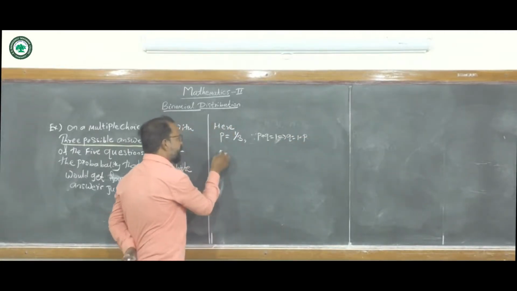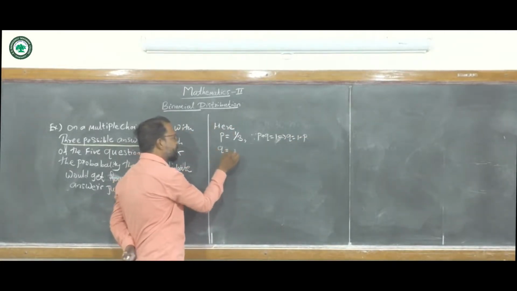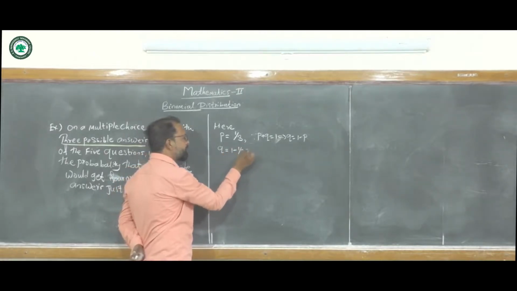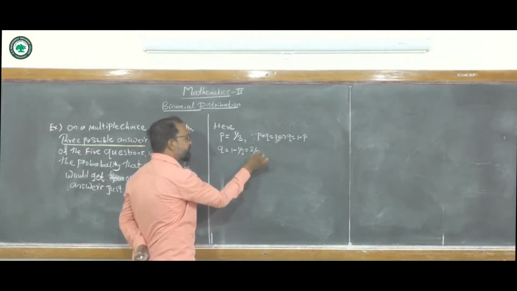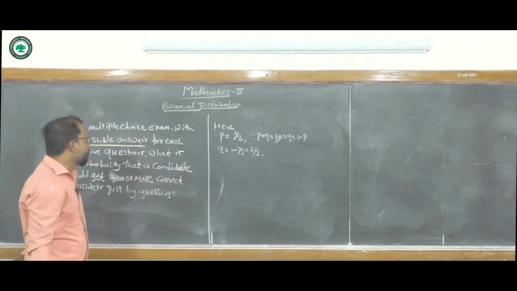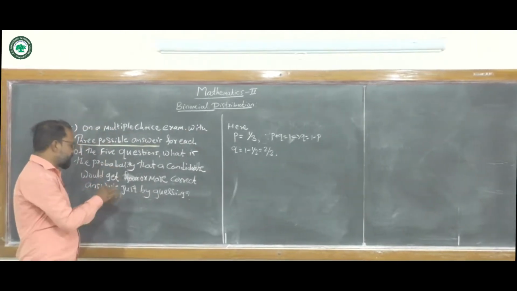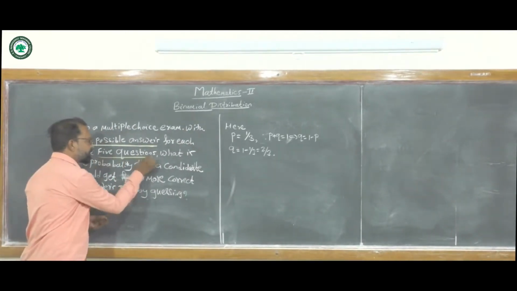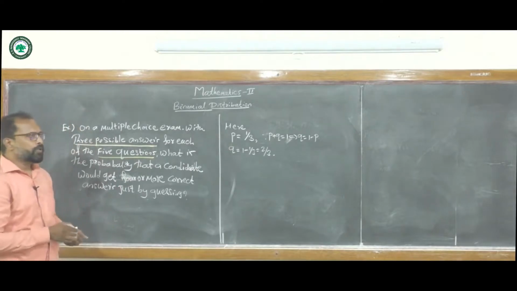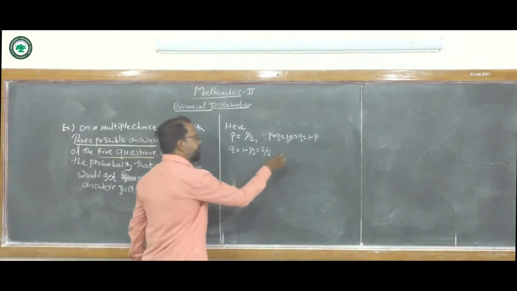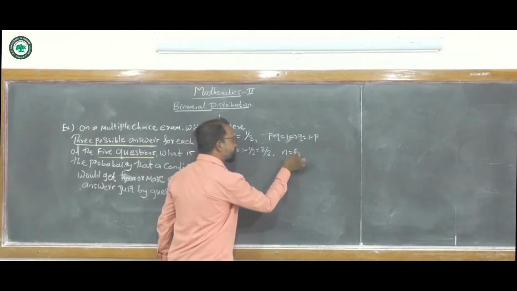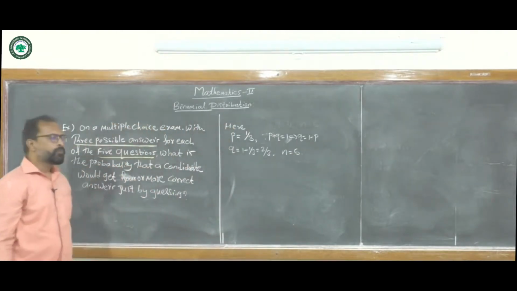That is, q equals 1 minus 1 by 3, which equals 2 by 3. And 5 questions are given, so we can write n equals 5 here.